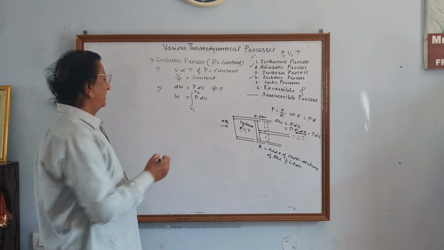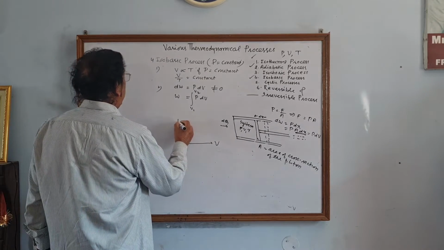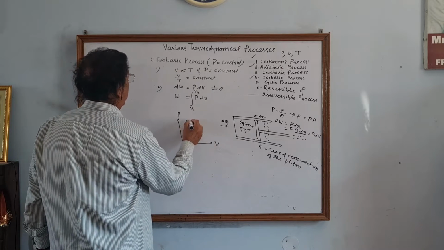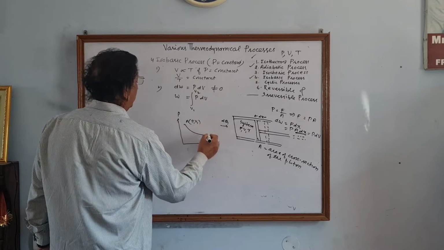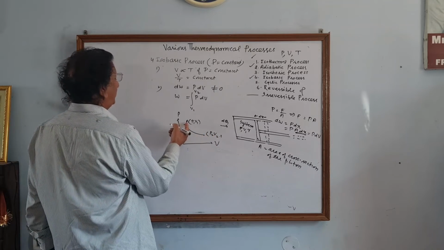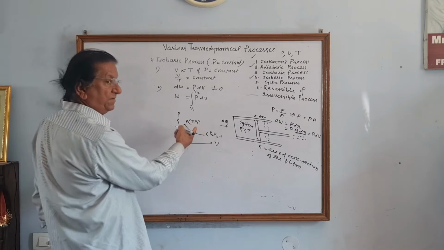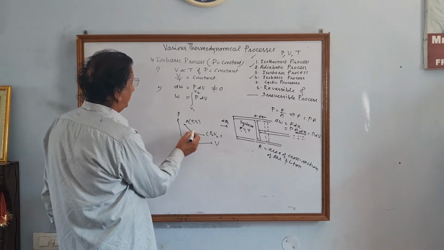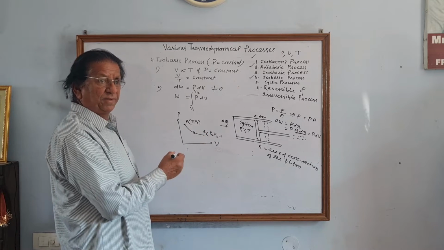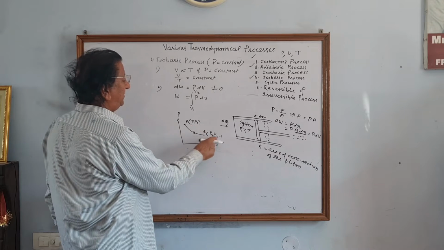Yesterday I told you the work done is also equal to this. If you take a system in two states, the initial state corresponding to A, with parameters P1, V1, it is taken to a new state B, where the parameters get changed from P1, V1 to P2, V2.